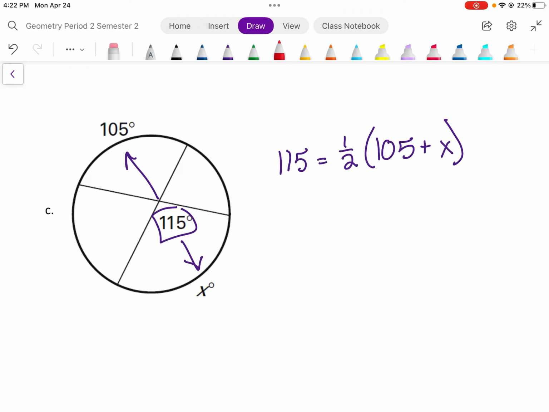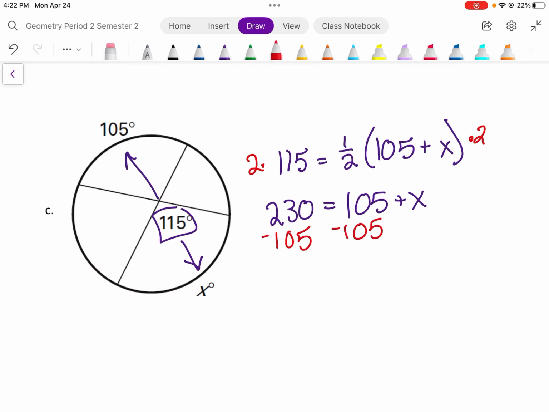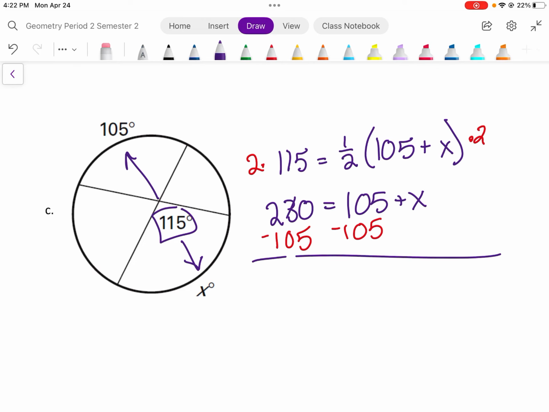And again, if you want to distribute here, you can, or you can just start by multiplying both sides by 2. And that's going to give us 230 equals 105 plus X. Then to get X by itself, we're just going to subtract the 105 on both sides. And that's going to give us our answer of 125.